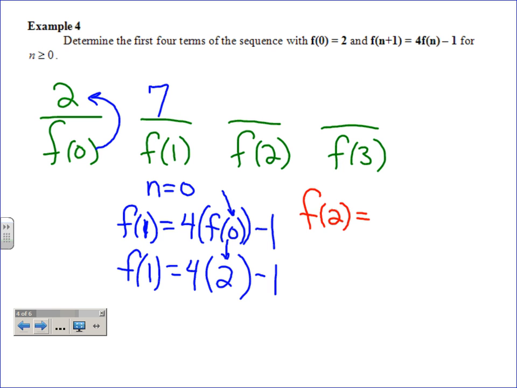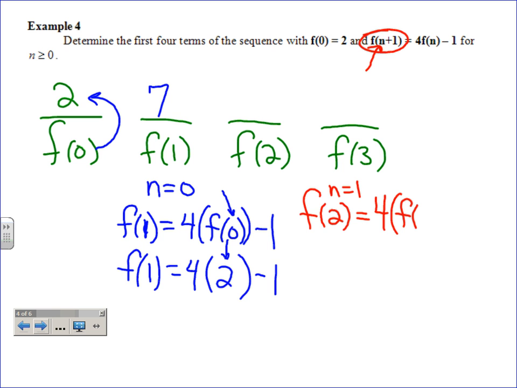So Tabitha, I need this right here to say what if I'm looking for f of 2? I need it to say f of 2. So what does n have to be to make that happen? N has to be 1, exactly. Because if I put 1 right there, it's going to say f of 2. So there we go, n has to be 1 in this case. So it's 4 times f of whatever n is.